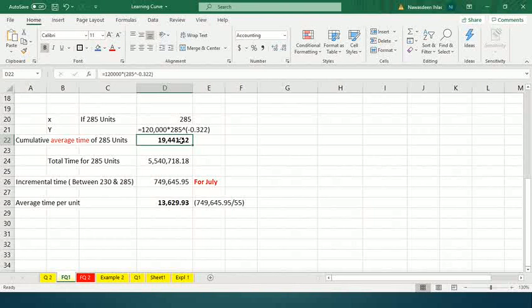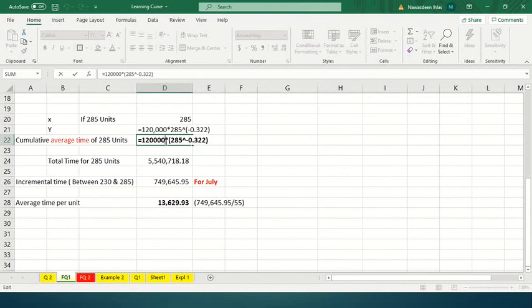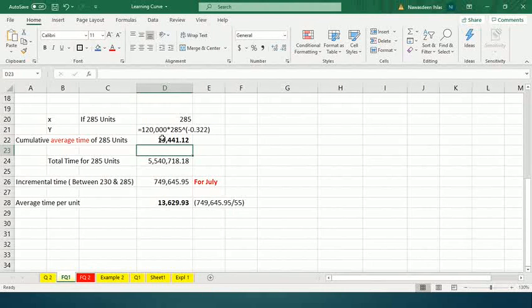If x get changed, what will happen? Your average cost per unit will become 19,441. So I have applied it already. A won't change, b won't change, only 285. This x will get changed. As a result, our cumulative average time will come to this amount.